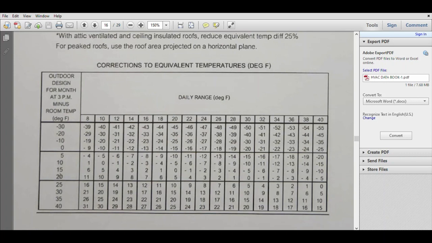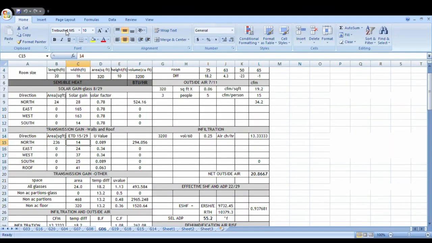If we intersect both 20 and daily range 22, we get correction factor 4. So 10 plus 4, I will get 14. This I will insert in the E20 sheet. See, ETD, equivalent temperature difference, I added the correction factor also, 10 plus 4, 14.